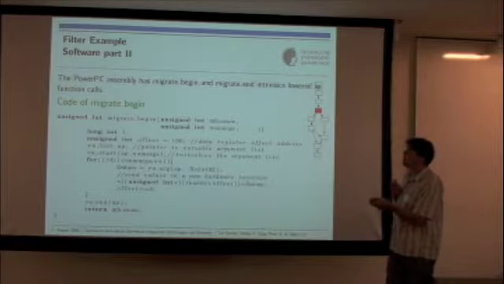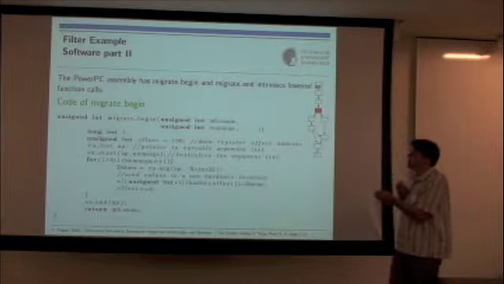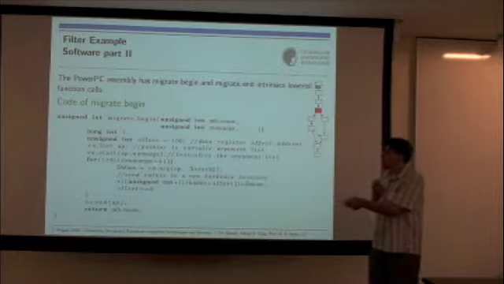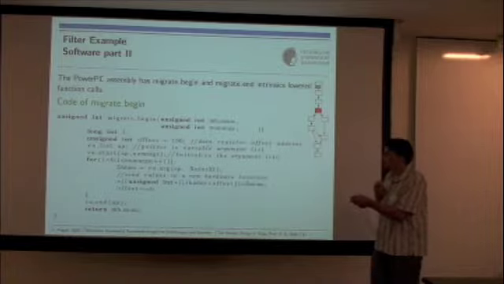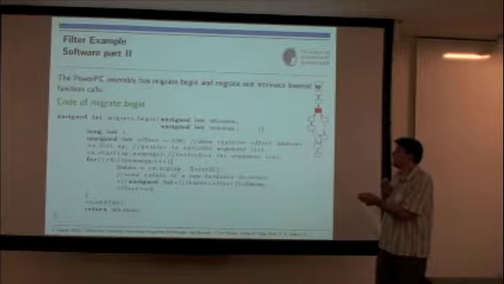Then, after that, the PowerPC assembly is created with these migrate begin and migrate end intrinsics, and these intrinsics are then transformed or lowered as function calls. Here's an example of the migrate begin instruction.